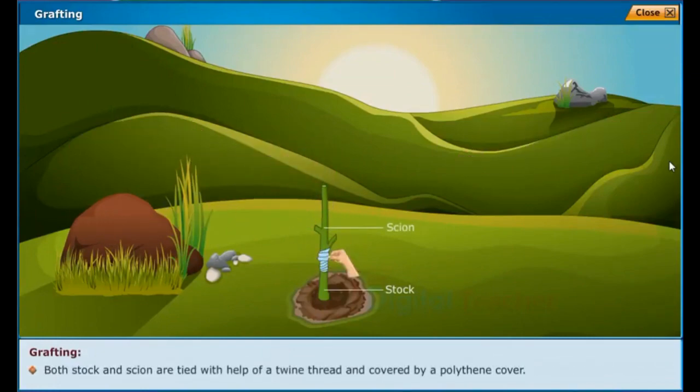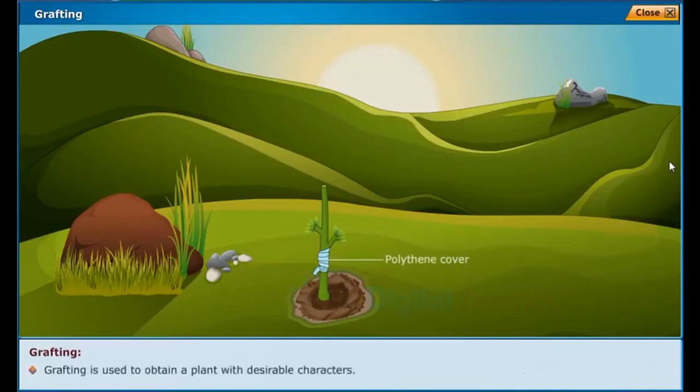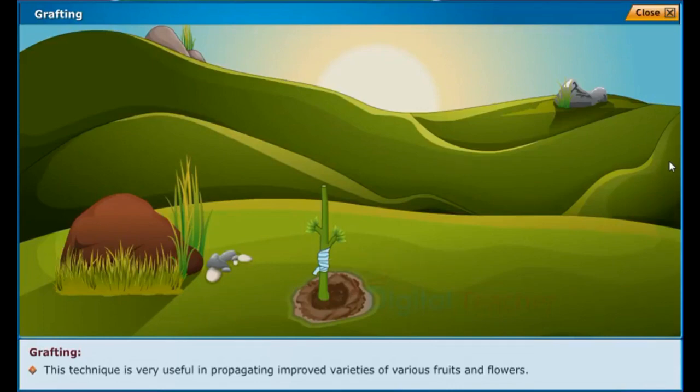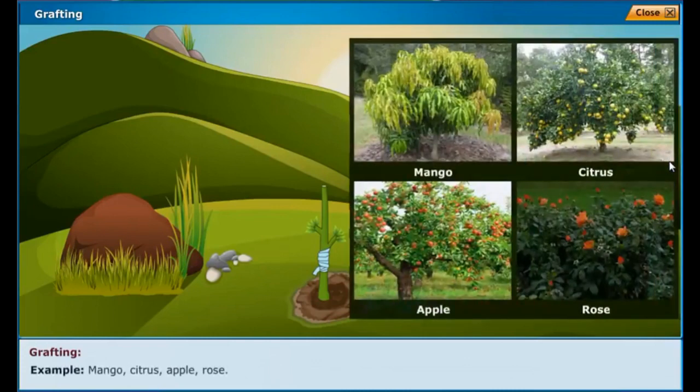Both stalk and scion are tied with the help of a twine thread and covered by a polythene cover. Grafting is used to obtain a plant with desirable characters. This technique is very useful in propagating improved varieties of various fruits and flowers. Example: mango, citrus, apple, rose.